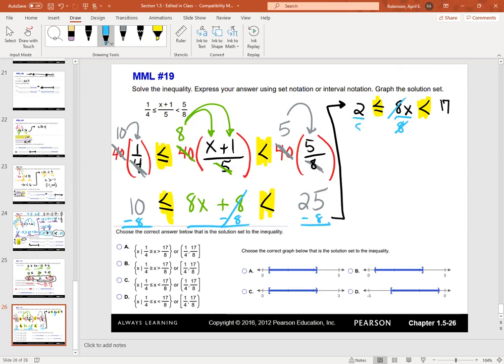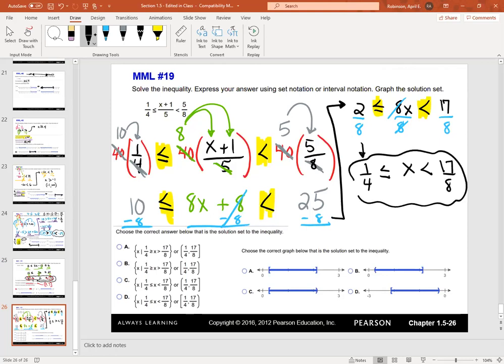But I have to divide 8 on the left end, and I have to divide 8 on the right end. Now, 8 does not divide into 2. So you're just going to leave it as a fraction, but I can reduce it. 2/8 becomes 1/4. I have an x in the middle. And 8 doesn't go into 17 evenly, and it doesn't reduce, so I just leave it as 17/8.